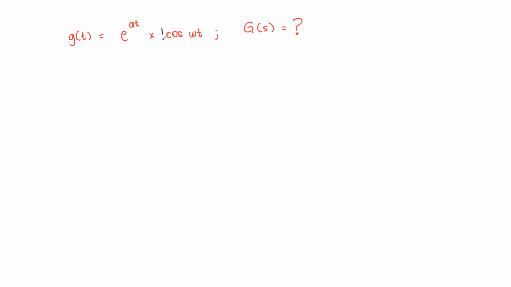If you take this cos omega t as a separate function f(t), and refer to the Laplace transform table, when f(t) is equivalent to cos omega t, you will get a function in the spatial domain which is s over s squared plus omega squared.